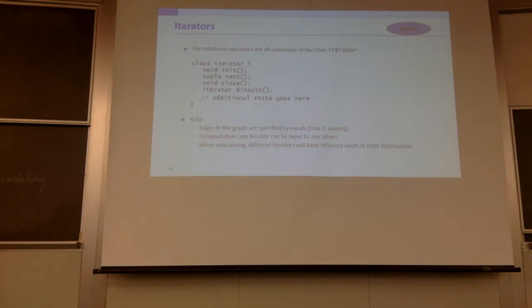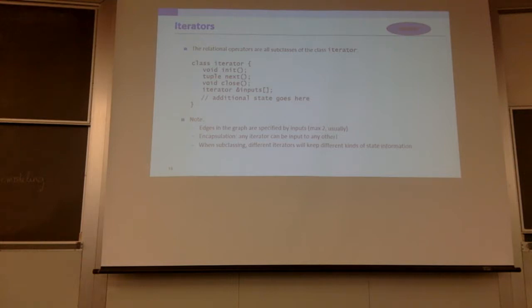But anyway, for all the operators, you can think of them as having an iterator interface, or the iterator concept in C++, right? So basically, you could have a bunch of methods in this iterator class.